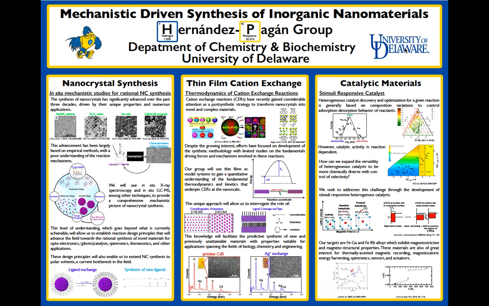So it's really not a surprise that the synthesis of nanocrystals has advanced quite a bit over the past several decades. In those top four images in the first column, you can see TEM images of nanocrystals that we've pulled from the literature.